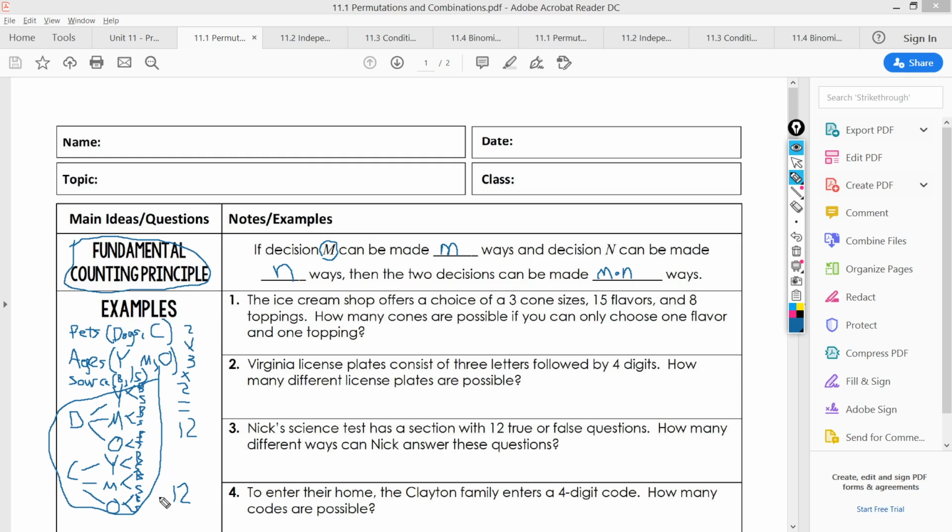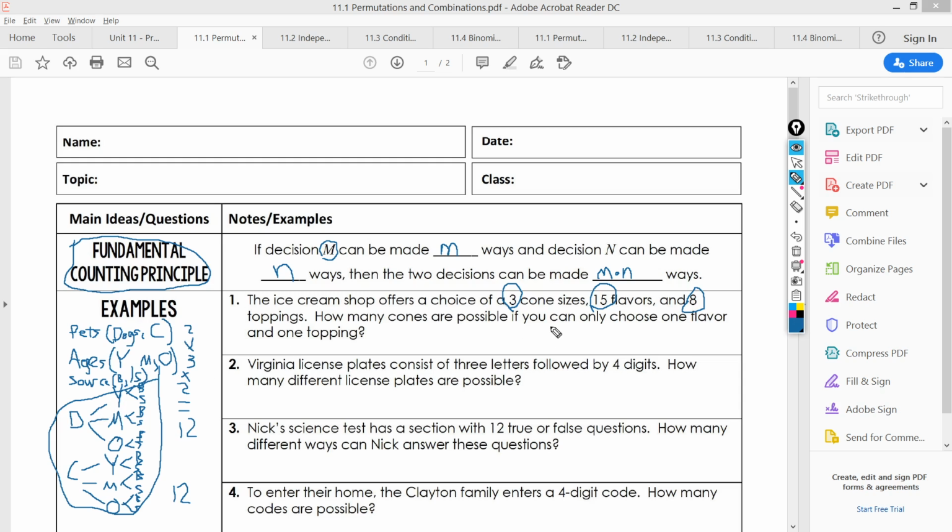Okay? So if I ask a question like, the ice cream shop offers a choice of 3 cone sizes, 15 flavors, and 8 toppings. How many cones are possible if you can only choose 1 flavor and 1 topping? Okay, so what can I choose? I can choose between 3 cones, 15 flavors, and 8 toppings.